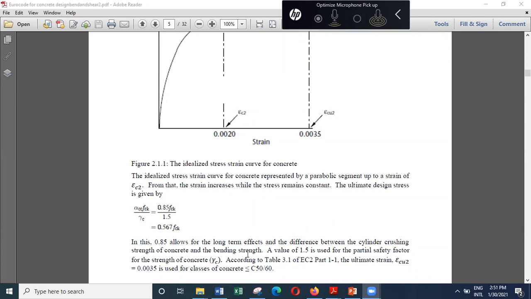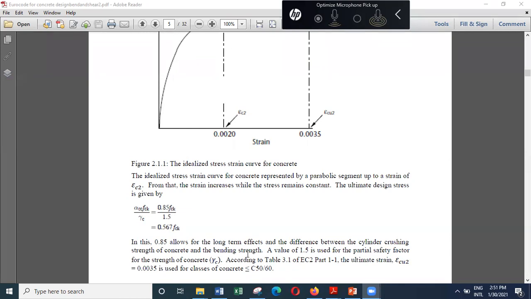When you use concrete in reinforced concrete members, most of the time you will find that the behavior has something to do with flexure, even in a column. Even in a column, there can be a bending moment acting on the column.